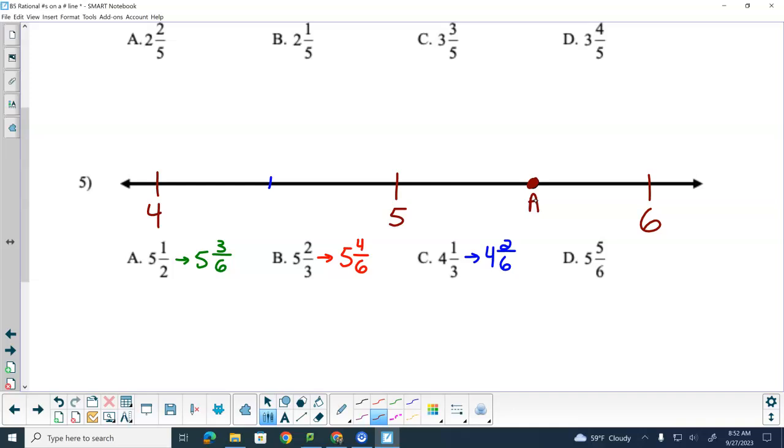Left or right of A? Right of A. A was 3/6, and B is 4/6. 4 is bigger than 3, so we're going to put it to the right. C, where should C go? Between 4 and 5. Left or right of the blue hash mark? Left.